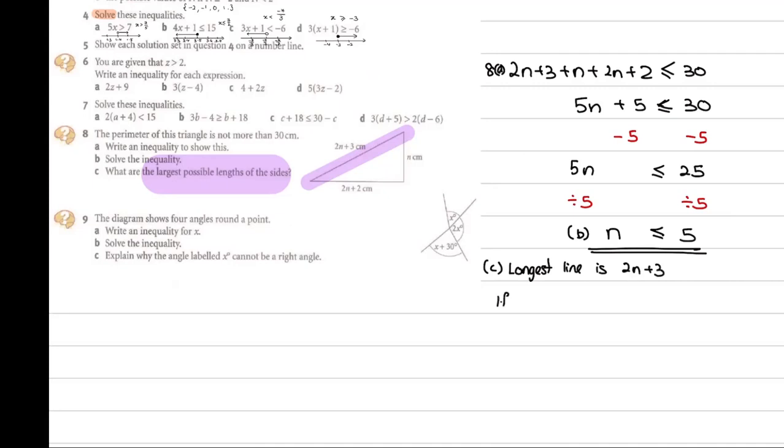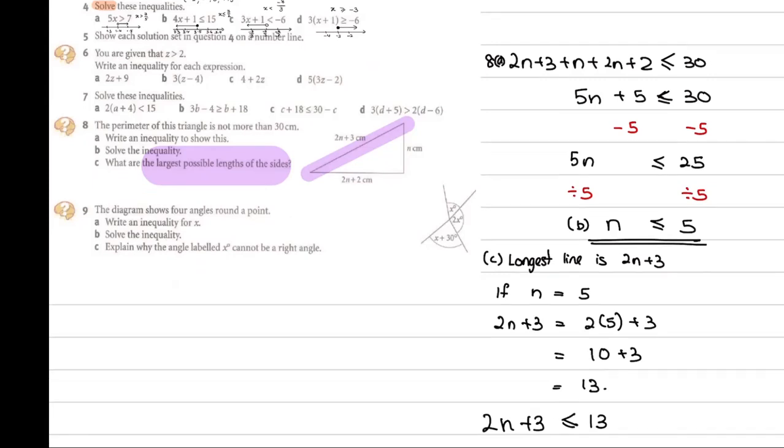So if n is equal to 5, 2n plus 3 is equal to 2 times 5 plus 3, which is equal to 13. So this is the largest possible because 2n plus 3 is less than or equal to 13. So we have to use an assumption that n is equal to 5.